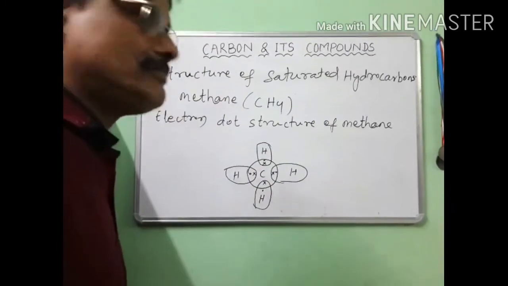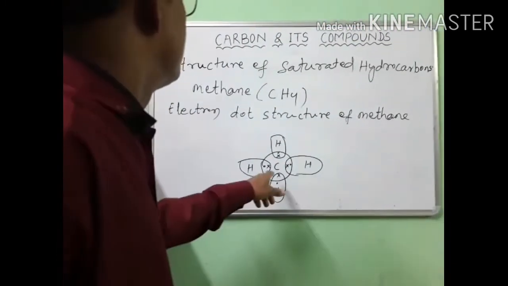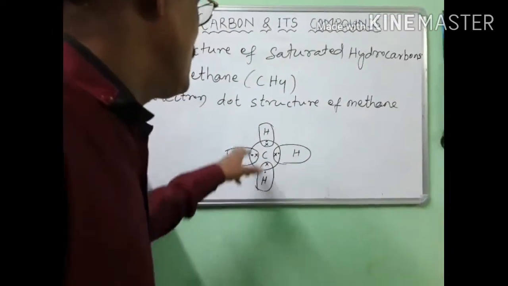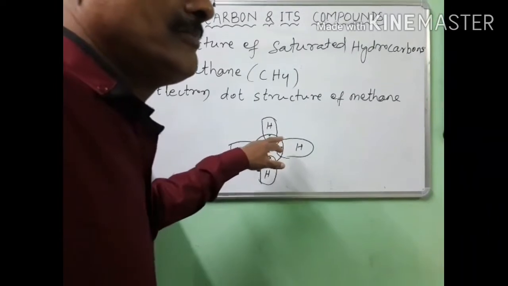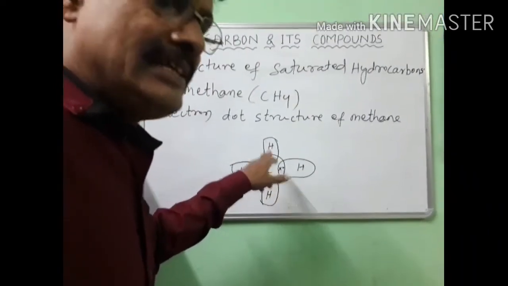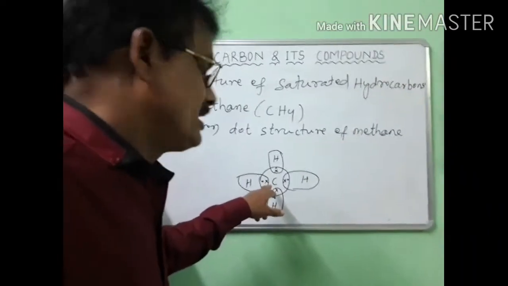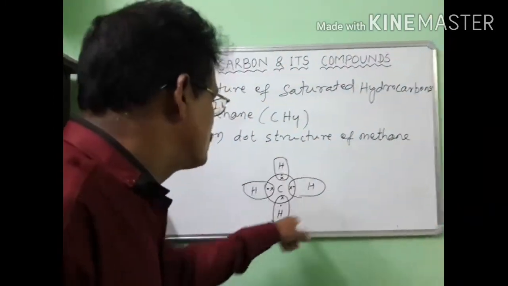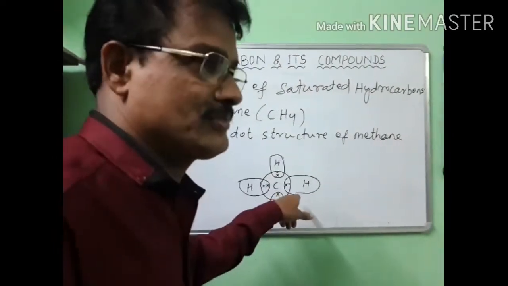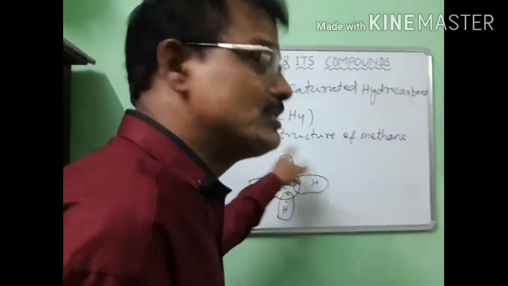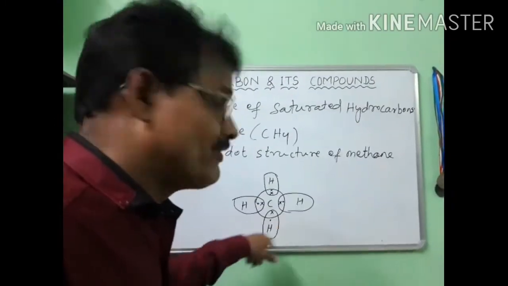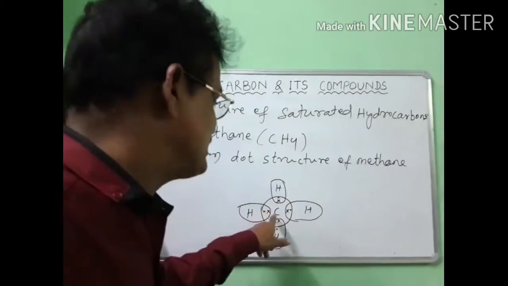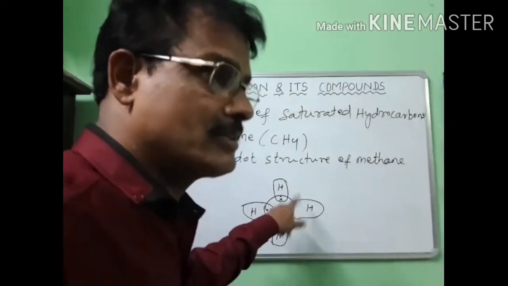Now here one carbon atom shares with four hydrogen atoms. That means the carbon atom makes its tetravalency with four different hydrogen atoms, so that the carbon atom attains its inert configuration.